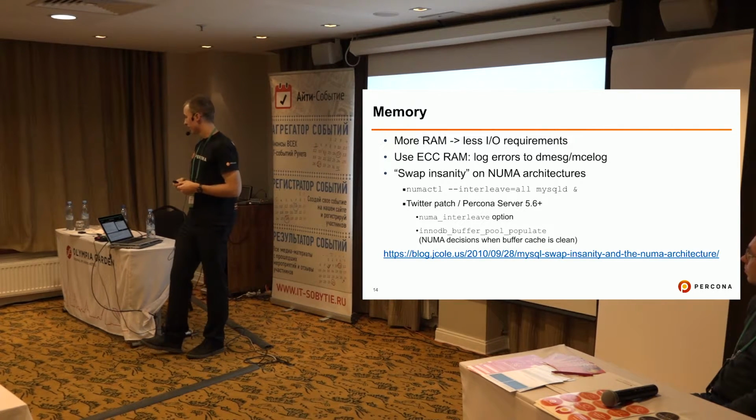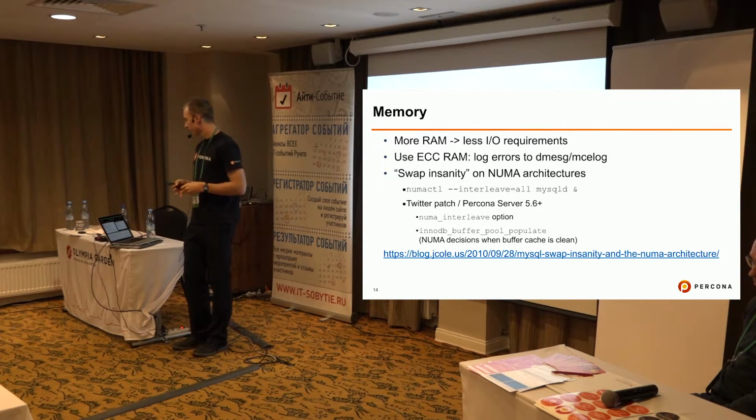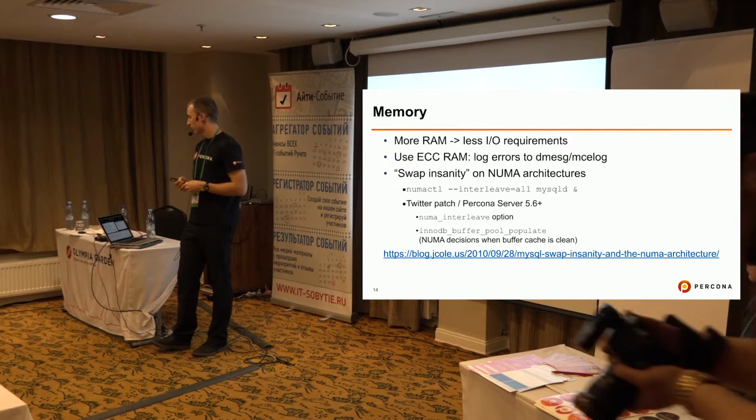Memory. All modern servers are NUMA capable. They come with NUMA, and you have to deal with what is called swap insanity. This is usually a big problem on large systems.